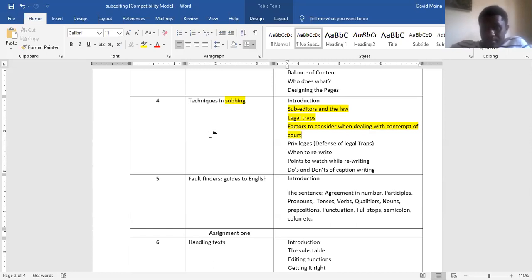Number one, failing to appear before the court, and number two, you'll be charged with guilt, because sometimes we don't appear before the court because we are guilty.